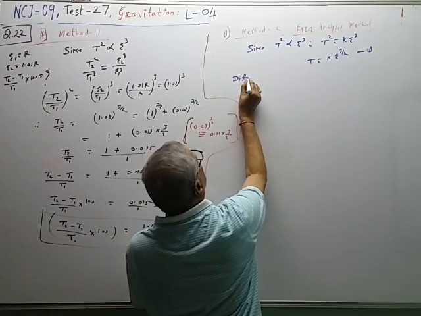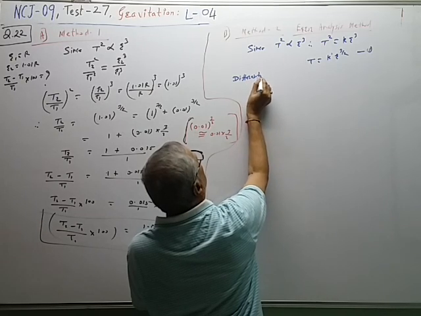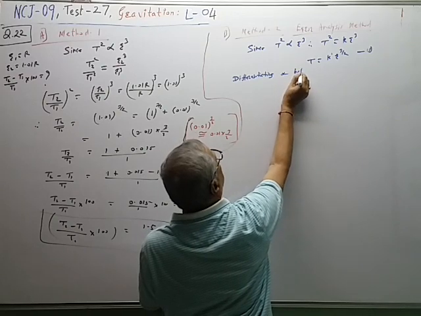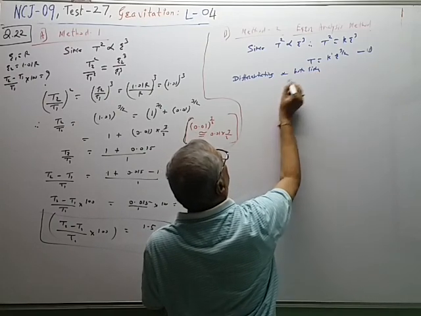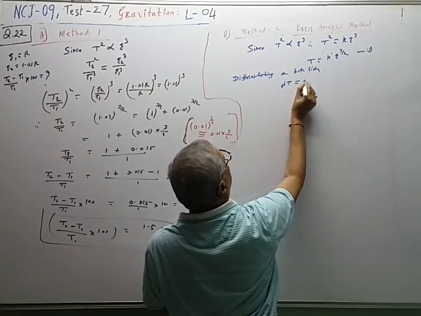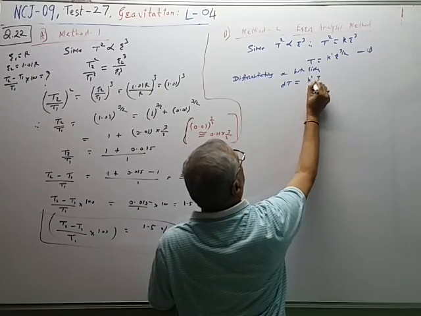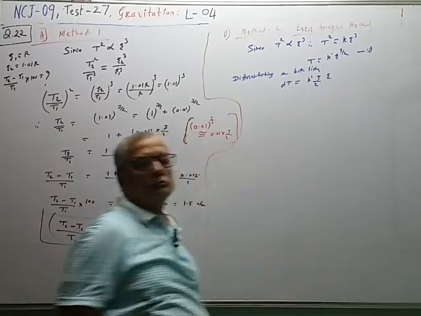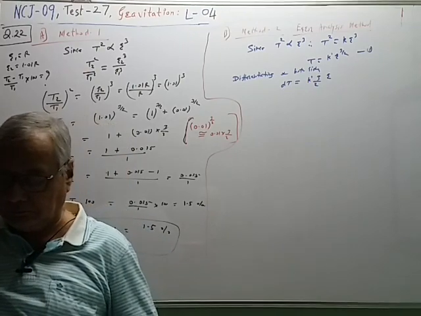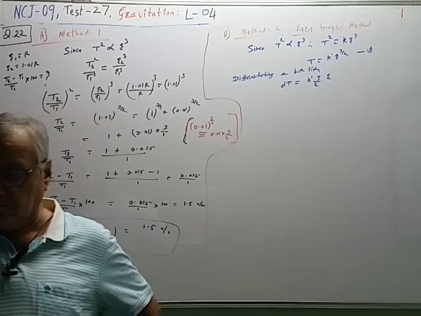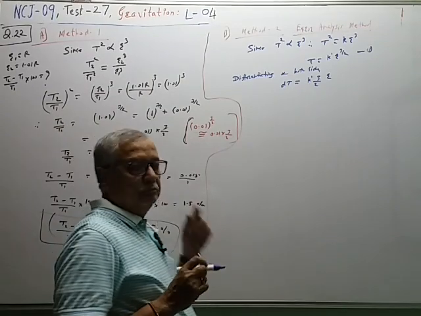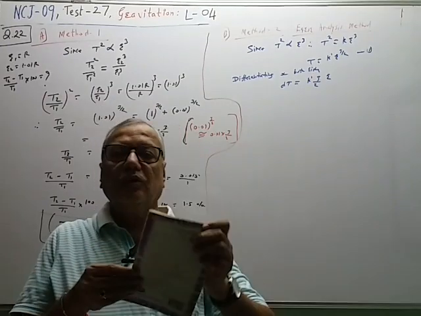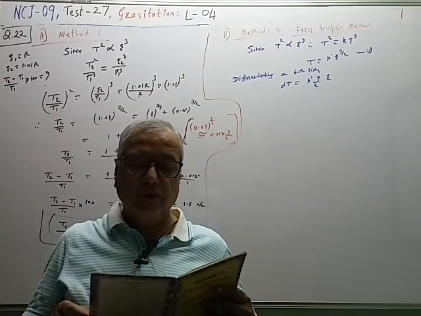Differentiating on both sides. Therefore dT is equal to K dash 3 by 2 R raised to 3 by 2 minus 1 dR. We know the formula for differentiation; in the log table on the last page, the value of the derivative is given.